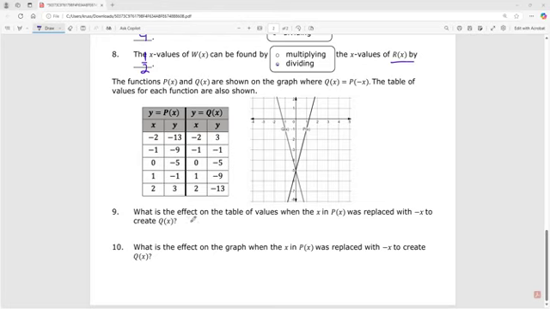What do we have to answer? What is the effect on the table of values in the x of p sub x? So this p sub x was replaced with negative x, right? So all you have to look right here is, hold on one second. I'm trying to figure out what they're asking. It's a funny way to ask it.